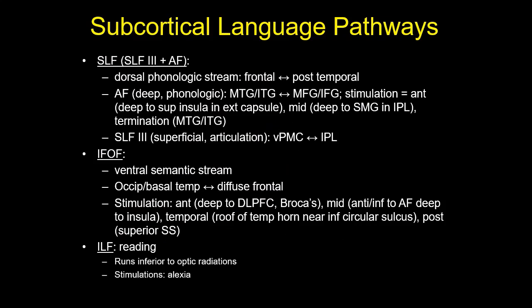With regard to mapping of subcortical language pathways, there are three major white matter bundles which we are concerned with during intraoperative mapping. The first is the superior longitudinal fasciculus / arcuate fasciculus, which constitutes the so-called dorsal phonologic stream connecting the frontal and posterior temporal regions.